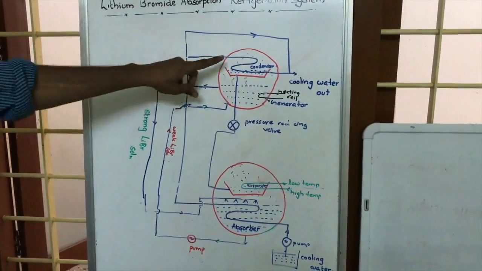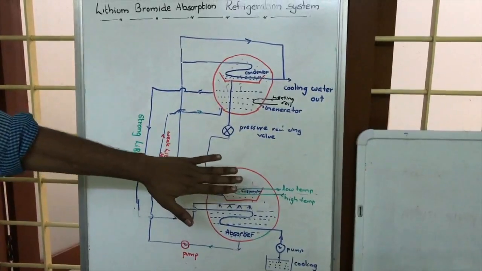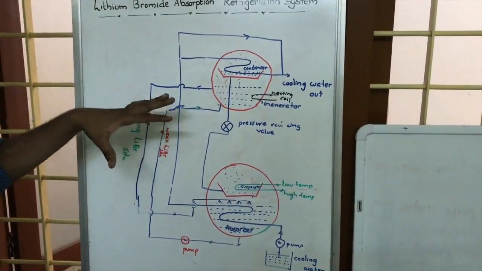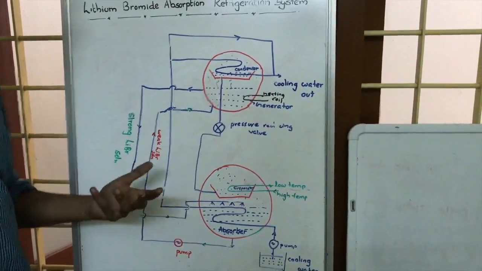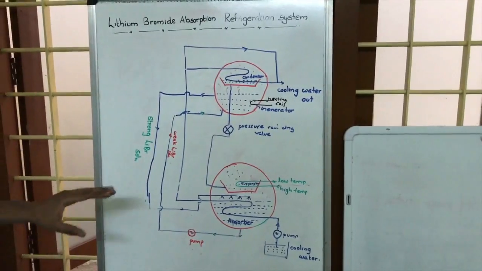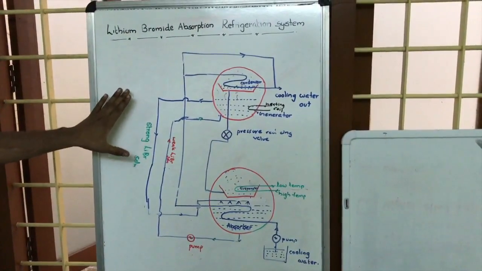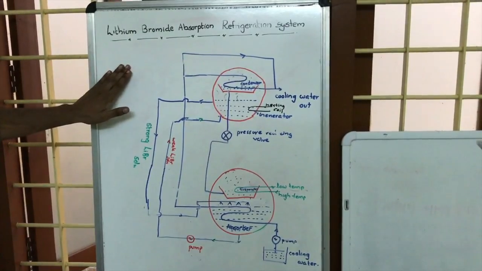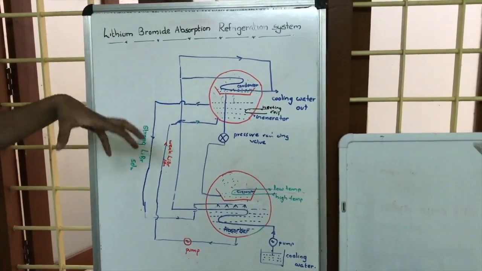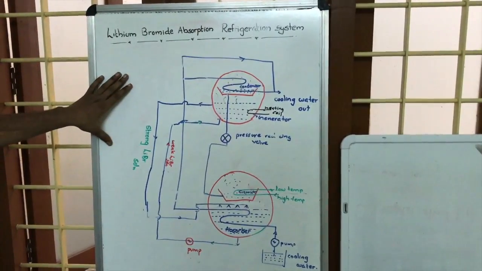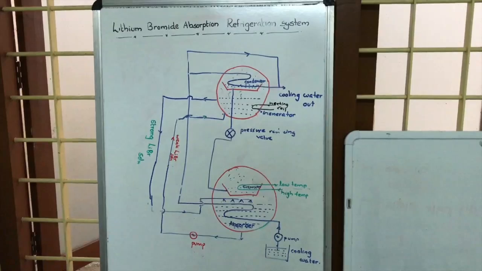As in the usual case, we have a condenser and evaporator, but we do not have a compressor here. A compressor is the one with the reciprocating parts and all, so there will be various vibrations and various efficiency losses, but we are able to avoid the compressor in this particular mechanism. We have adopted the affinity of lithium bromide to absorb water to replace a compressor. So that's lithium bromide absorption refrigeration.